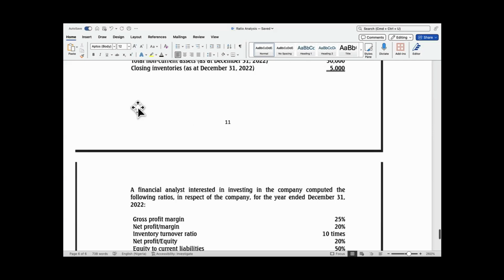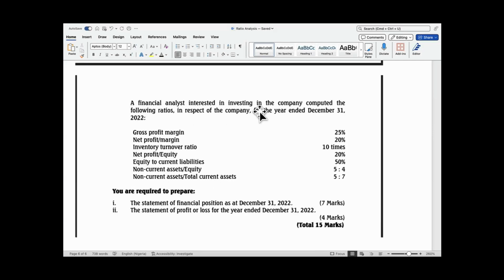We're now told that a financial analyst interested in investing in the company computed the following ratios in respect of the company for the year ended December 31st, 2022. We're given gross profit margin, net profit margin, inventory turnover ratio, net profit to equity ratio, equity to total current liabilities, non-current assets to equity ratio, and non-current assets to total current assets ratio.